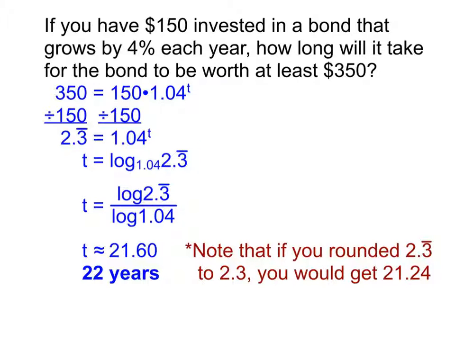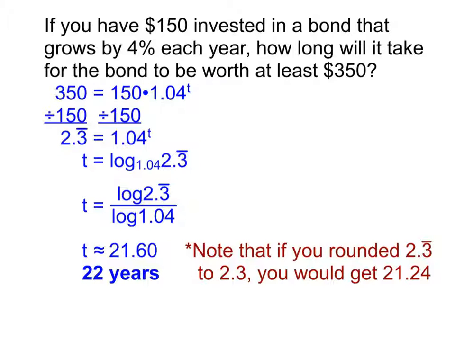Now, note, though, the level of precision and what it does here. Some people are inclined to just go ahead and round that to be a 2.3 instead of using the whole 2.3 repeating. If you used 2.3 in this calculation instead of using all the decimals, it would give you an answer of 21.24. That's pretty close to 21.60 in this case, yes.